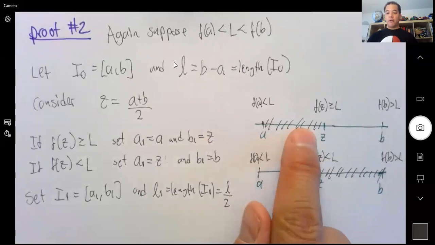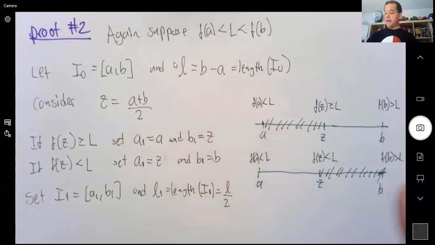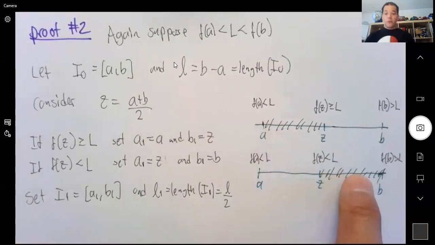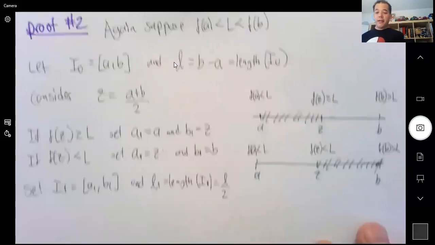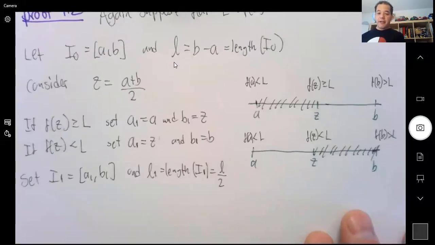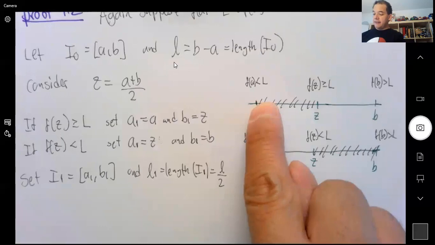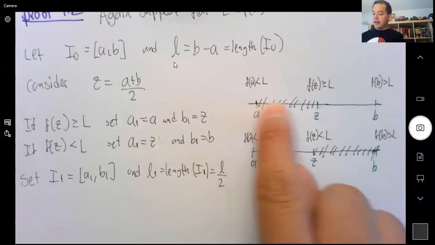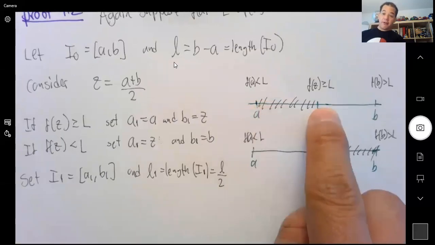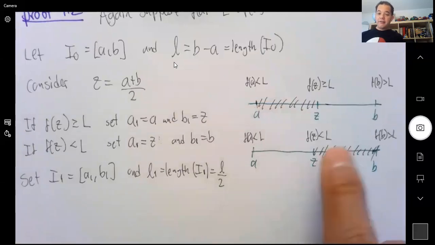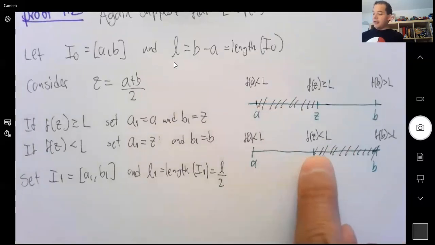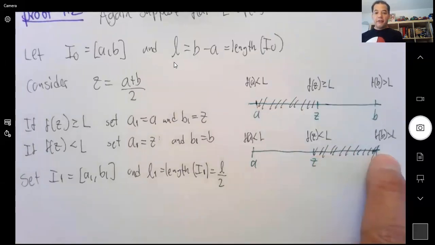If when you plug in the midpoint you get less than L, then pick the other interval. And look what properties these intervals have. Here this endpoint is less than L, and this endpoint is greater than or equal to L. And here this endpoint is less than L, and this one is greater than or equal to L, right?